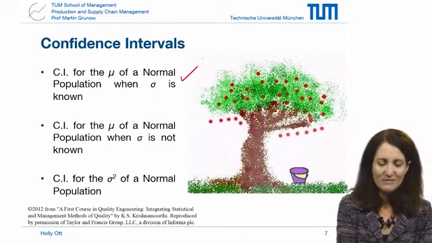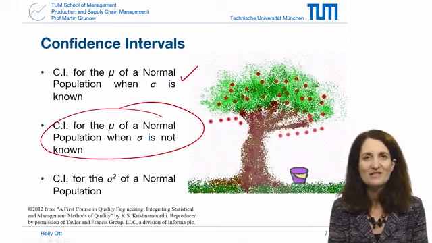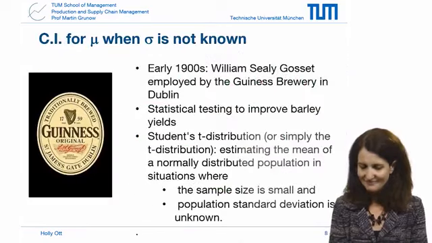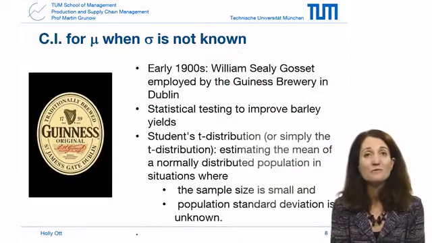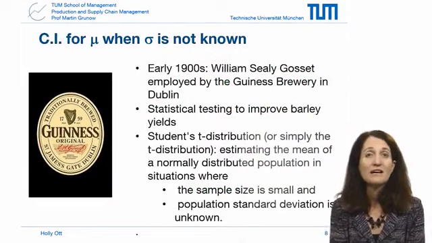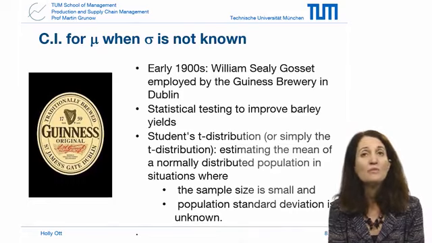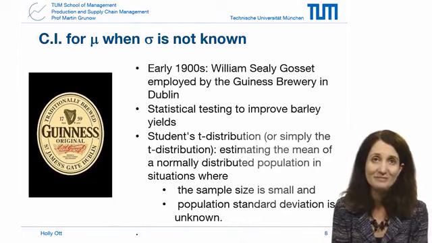This is number one. Now we're going to look for what we do for a confidence interval when the sigma is not known. So we have to go back a little bit into history to talk about William Gossett, an Irishman who was employed by the Guinness Brewery in the early 1900s, and he was using lab testing to help him find the best yielding varieties of barley to make their ale.